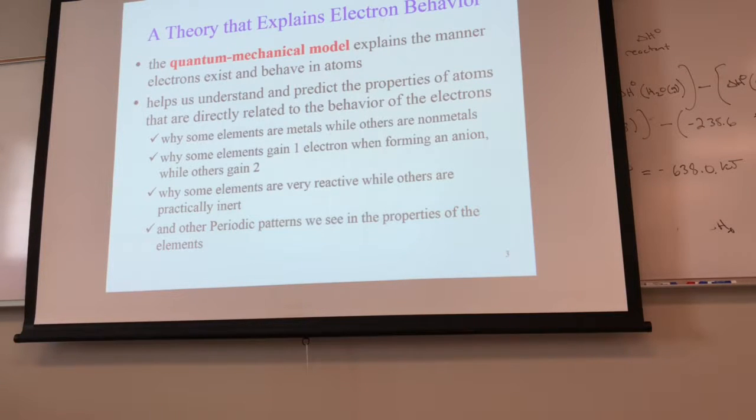I mean, we've all learned that, right, the elements in the first column of the periodic table tend to want to lose an electron to become a cation, to form a +1 charge. Why? Why do the elements that are like fluorine, chlorine, bromine, and iodine, the halogens, want to gain one? I mean, other than saying, well, some are metals and some are non-metals, that's all I've told you.